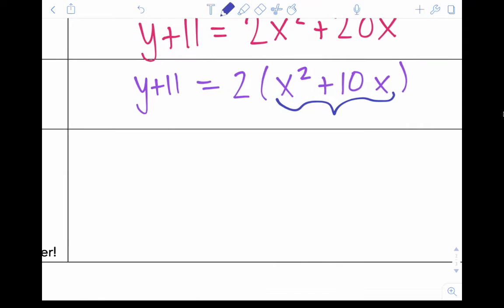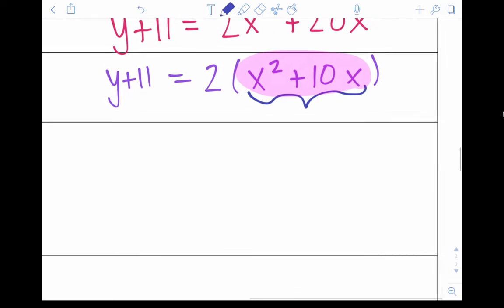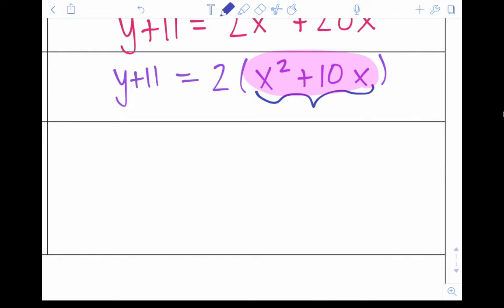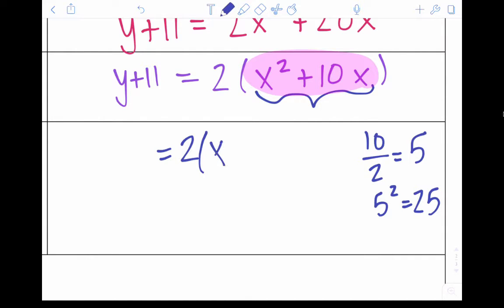If I'm looking just inside of here, I'm only looking at this. To figure out what number I need to add on, I'm going to take the b value, which is 10, divided by 2 to get 5, and then I'm going to square that. So this is 2 times the quantity x squared plus 10x plus 25.